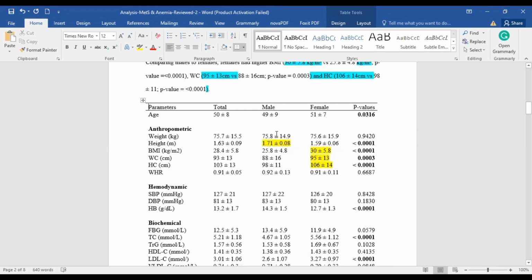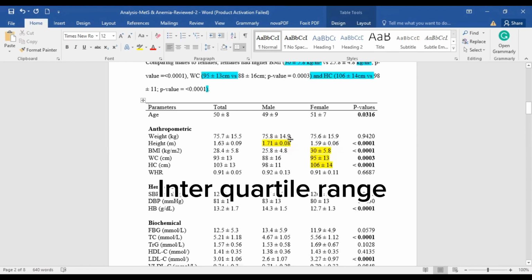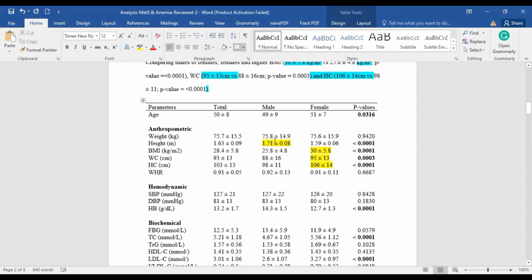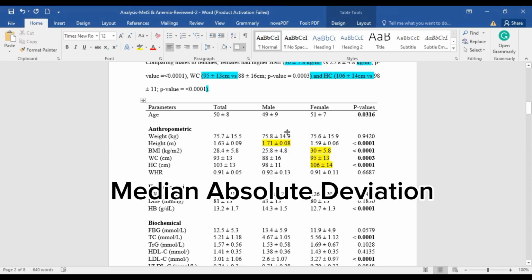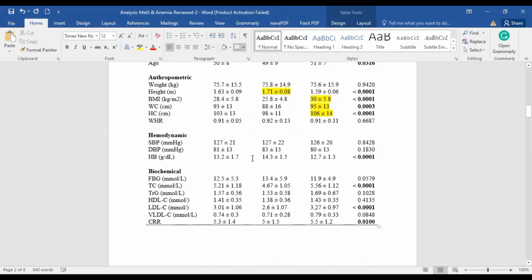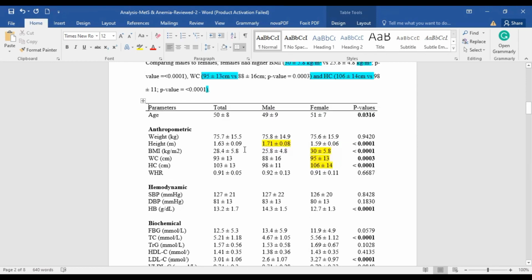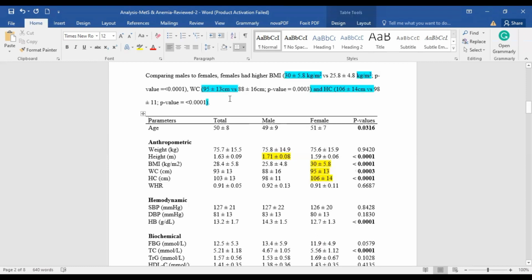And instead of adding plus or minus standard deviation, you put into brackets the interquartile range or, in further advanced statistics, the median absolute deviation, which is the MAD. So basically, that is how you can interpret this particular table of independent sample t-tests.